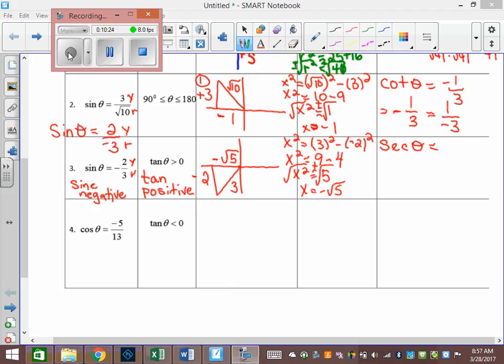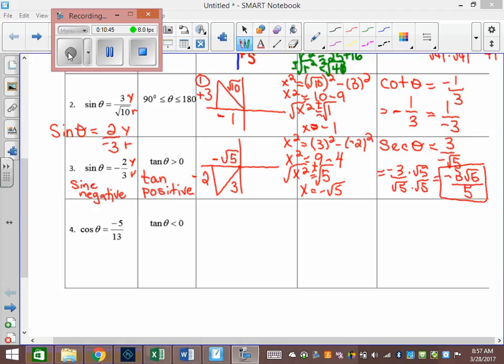Secant is r over x, so it's 3 over negative root 5, which I'm going to write as negative 3 over root 5, multiplied by root 5, and I'm going to get negative 3 root 5 over 5.